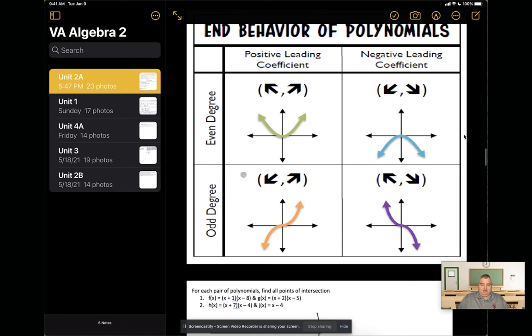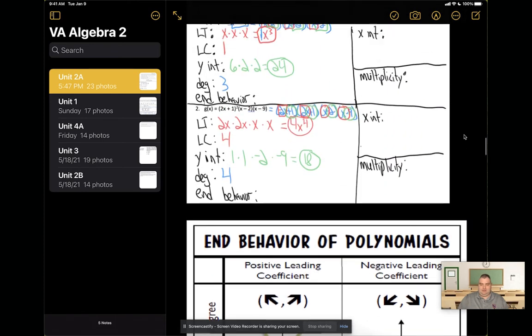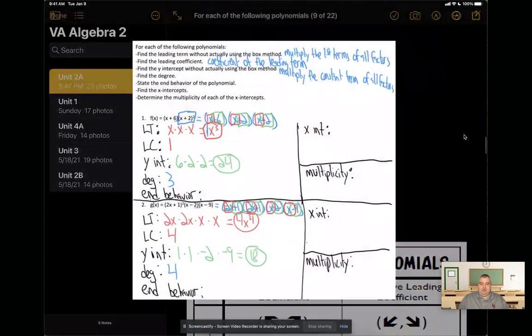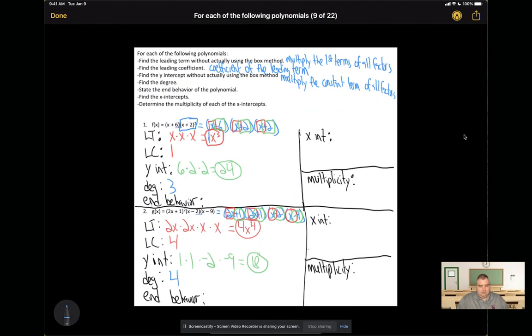So my end behavior is down to the left and up to the right. So my end behavior for number 1 is down to the left and up to the right.